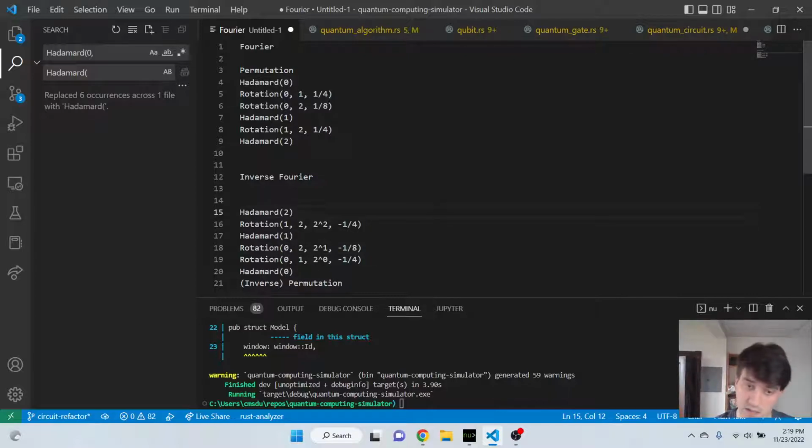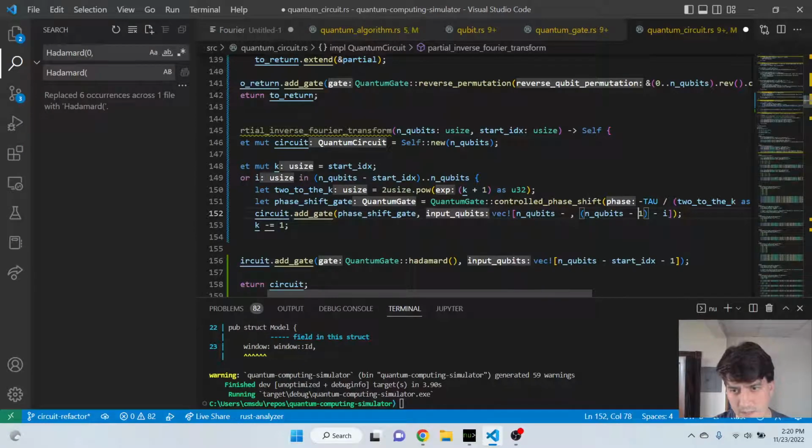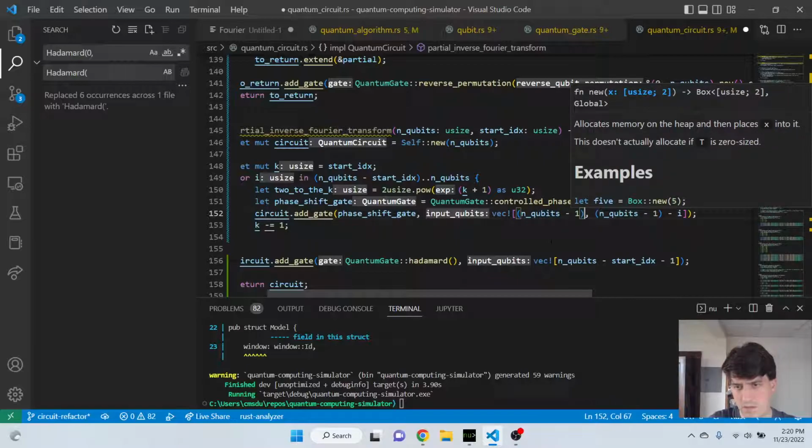It counts down. So it's going to be n qubits minus 1 minus start IDX.